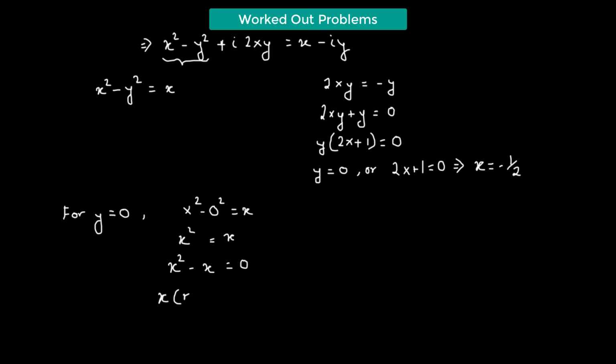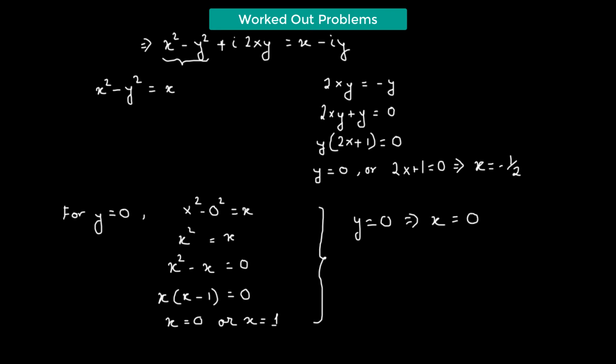Factoring out x, that gives us x times x minus 1 equals 0. So we have x equals 0 or x equals 1. So from here we have found two values. So y equals 0 implies x equals 0 or x equals 1.